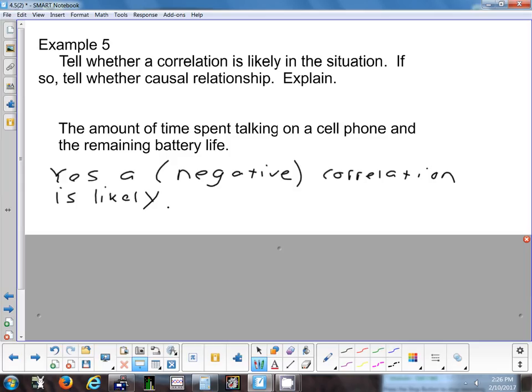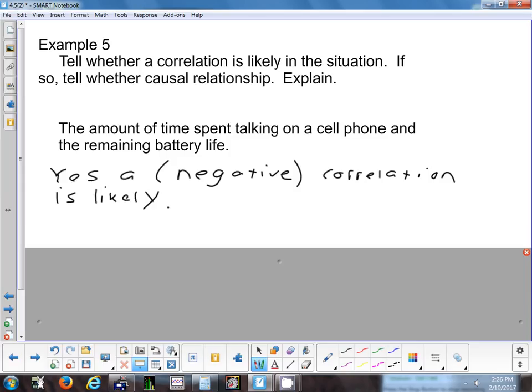Okay, now the next part, last part, it says, is this causal? Is it guaranteed if you talk on the phone, the battery is going to go down? Yes. Pretty much. Yeah, unless you consider something special, like it's plugged in while you're using it.